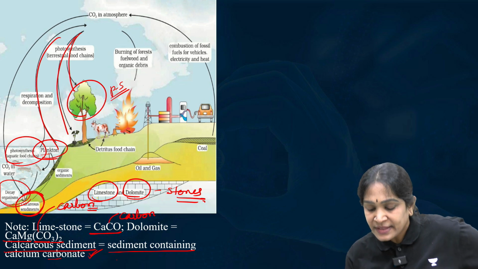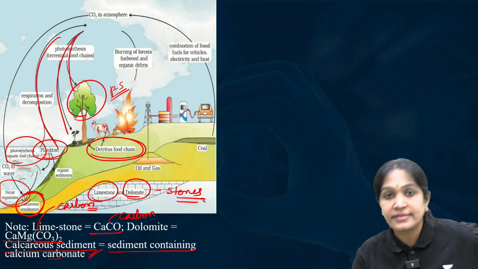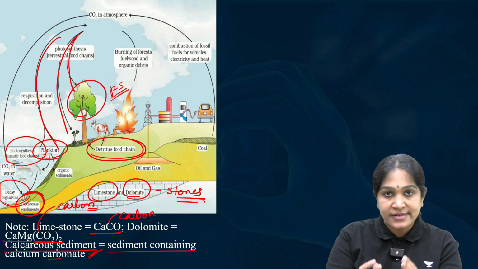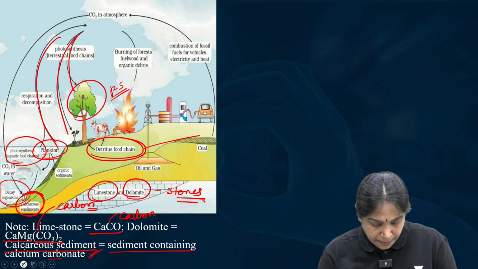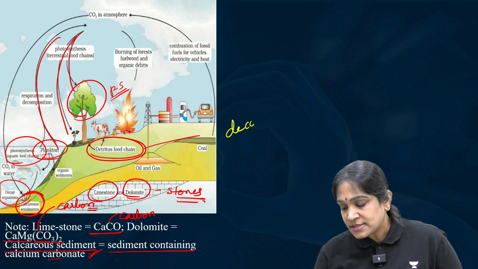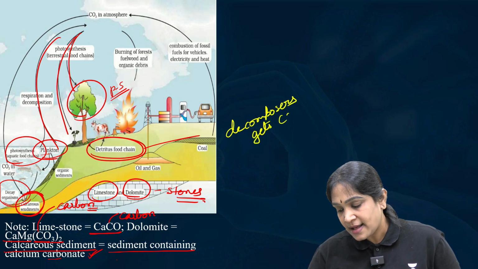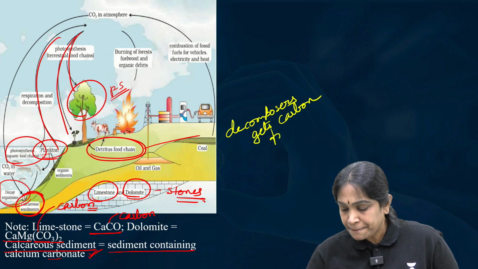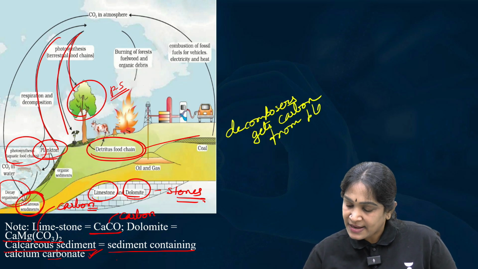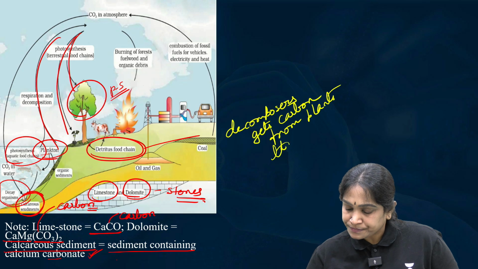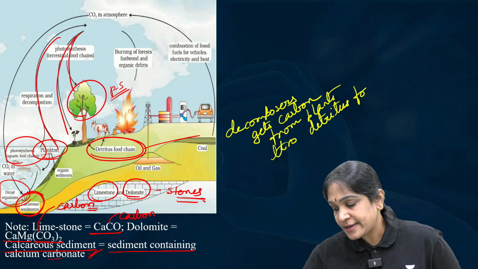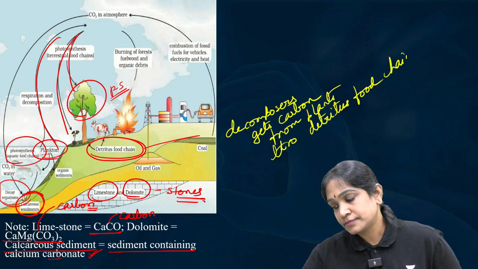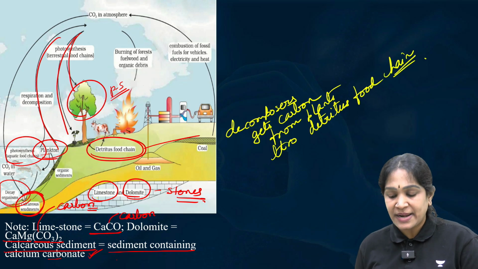Then what happens? The detritus food chain. Through the detritus food chain, the decomposers will get carbon from the plants, as they decompose the plant material.